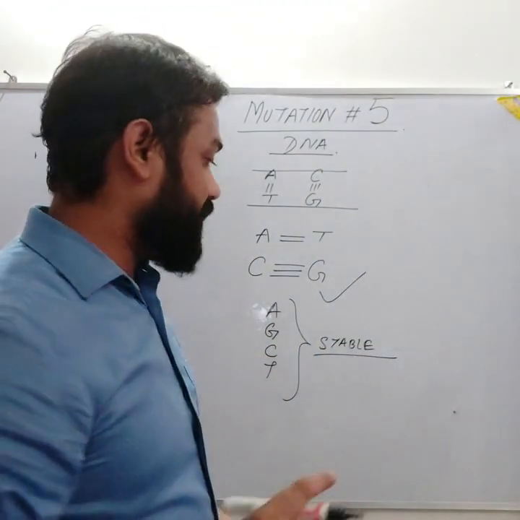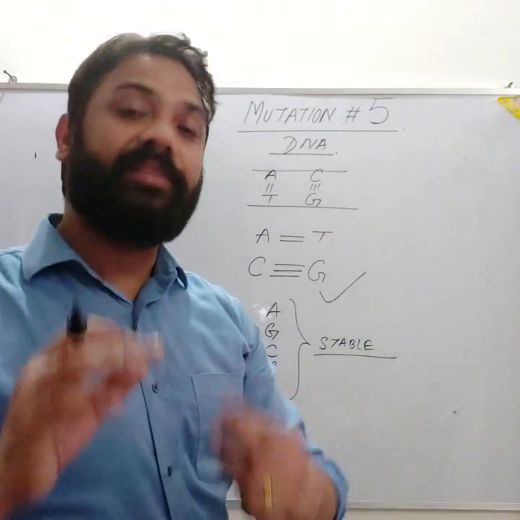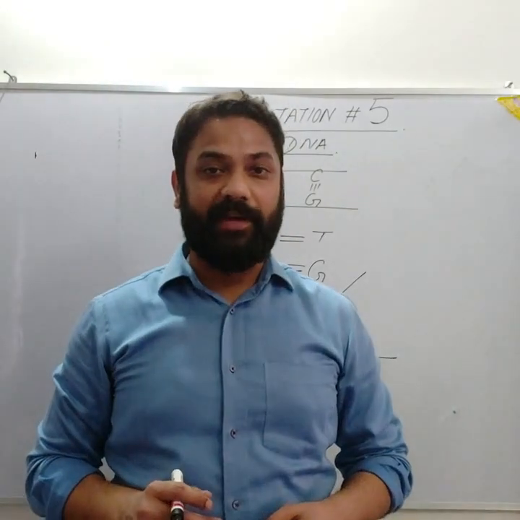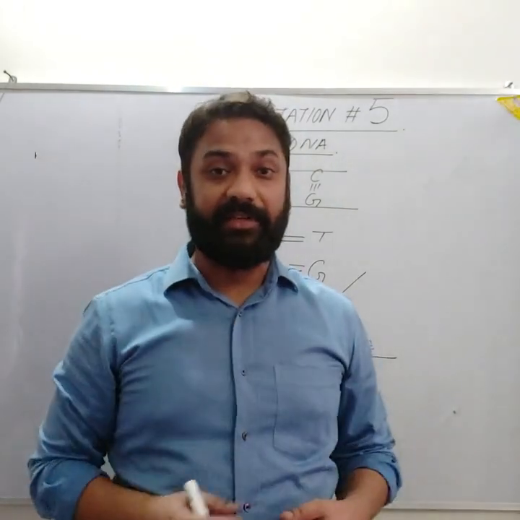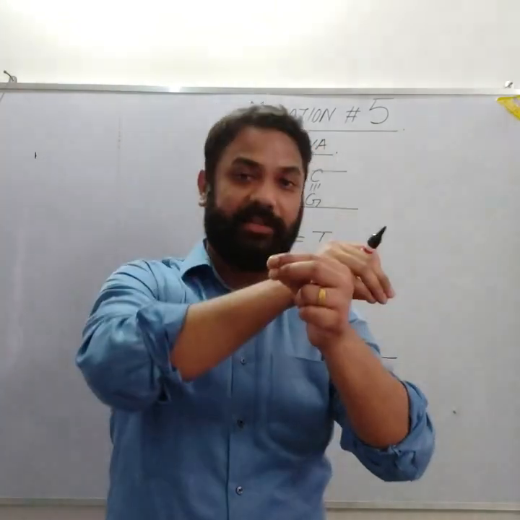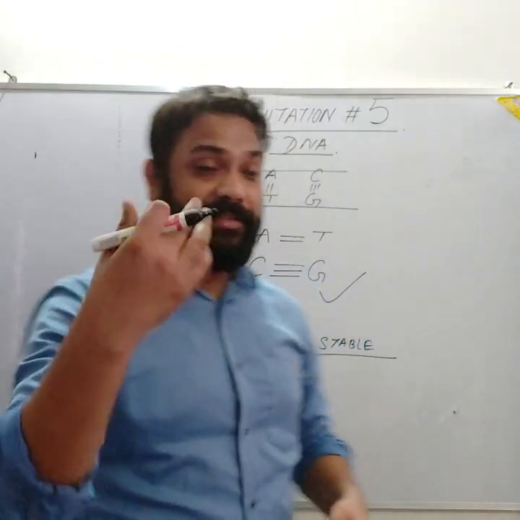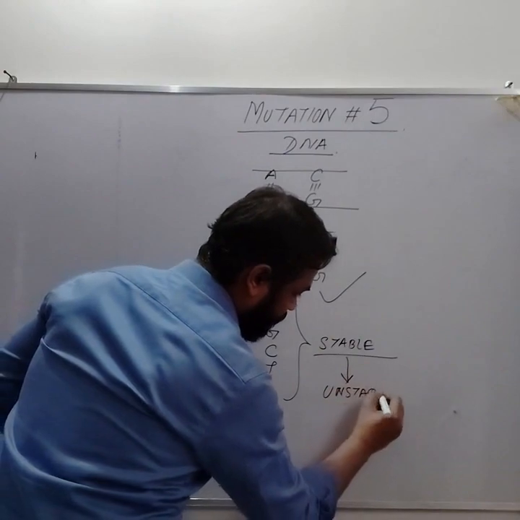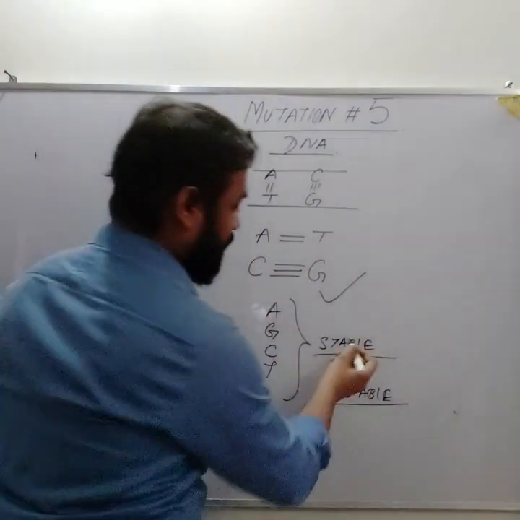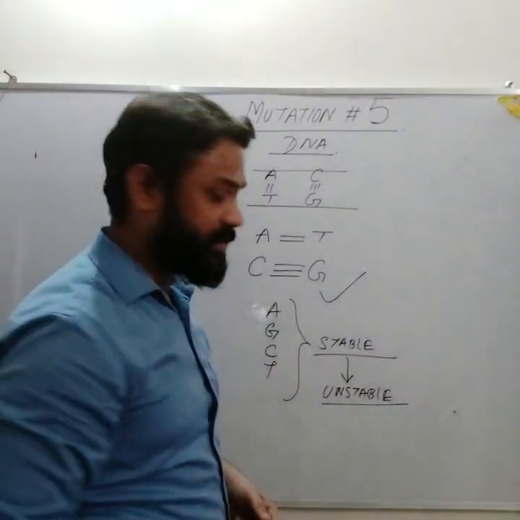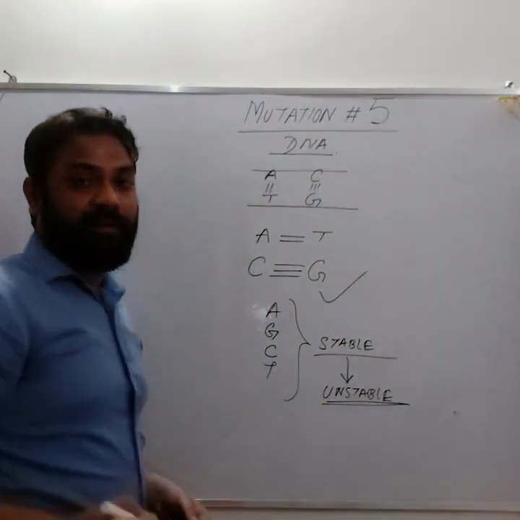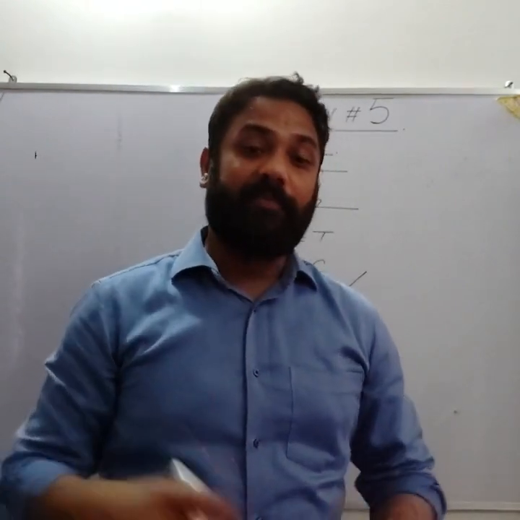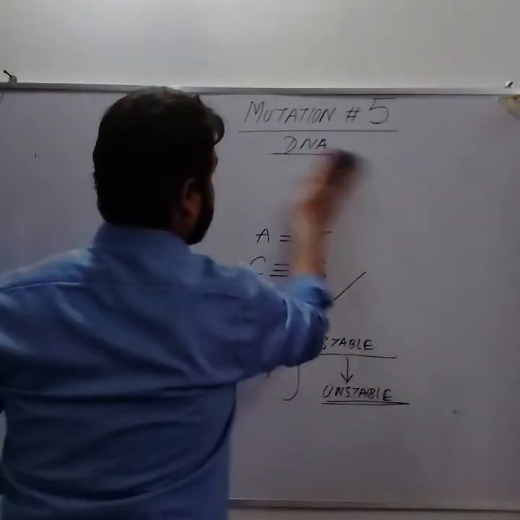And as you know, in tautomeric shift, within the structure there is a change of position of hydrogen from one position to another. The result is that the stable form of these bases becomes unstable. As a result, the base pairing potential is changed and mutation occurs.